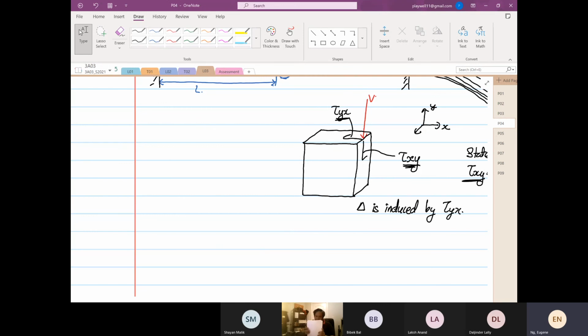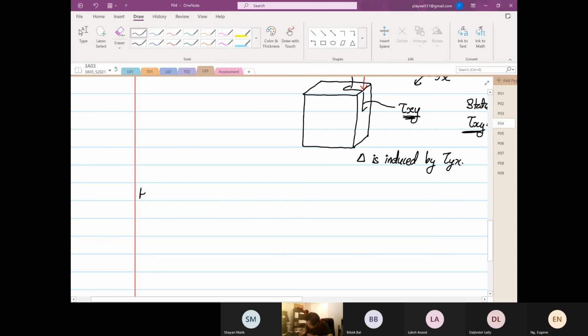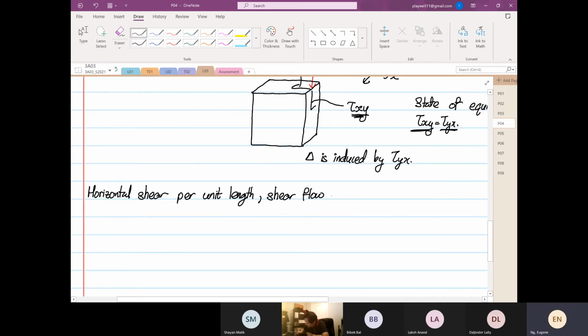We are going to look at the horizontal shear per unit length, and another term we call it is the shear flow. The formula is small q equal to VQ over I.